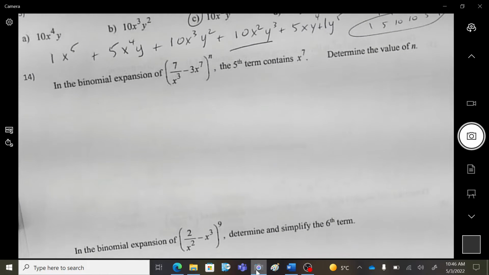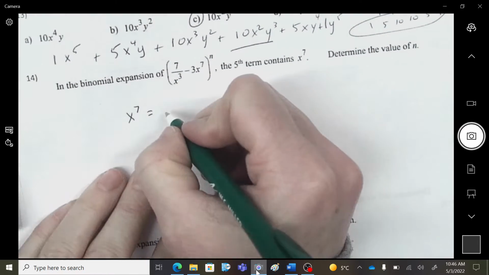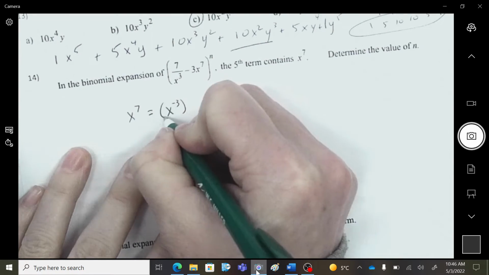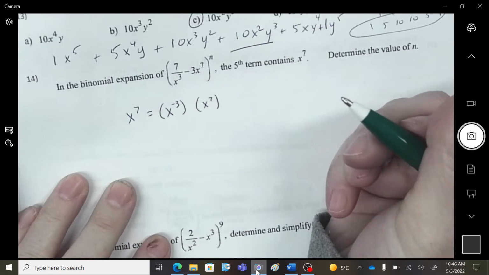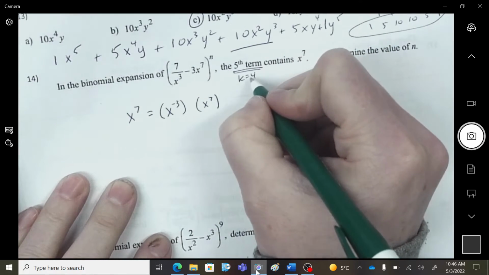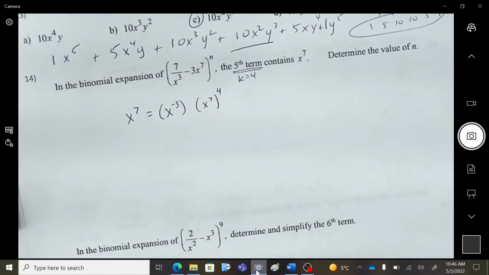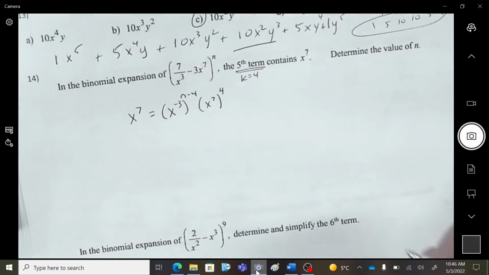In the binomial expansion, the fifth term contains an x to the 7th, so we need n. So where does the x to the 7th come from? It comes from the first term using x^-3 and the second term x^7. The fifth term, so therefore the k, the choosing number, would be 4. And then this would be n subtract 4.